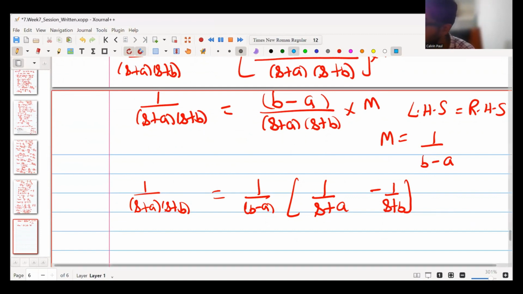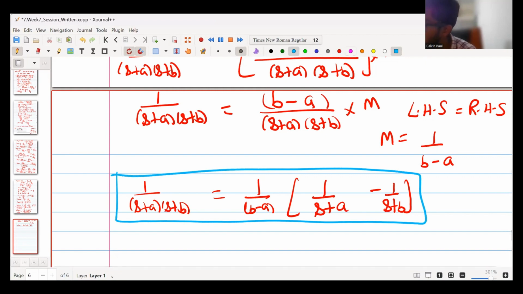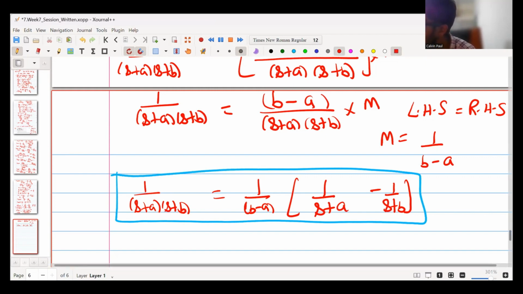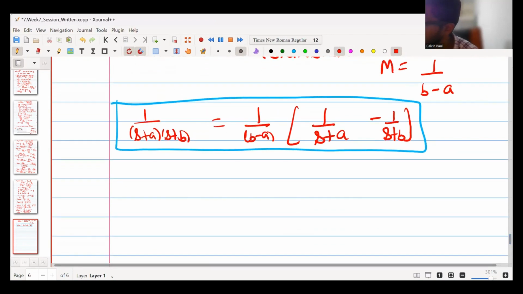This is something I like to use. I find it to be very useful. But you are not finished solving, because your actual expression is K upon s plus a into s plus b.